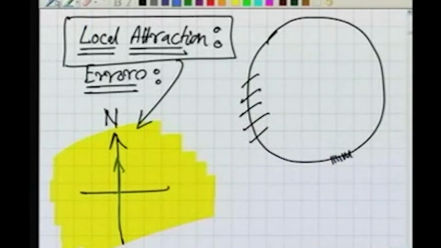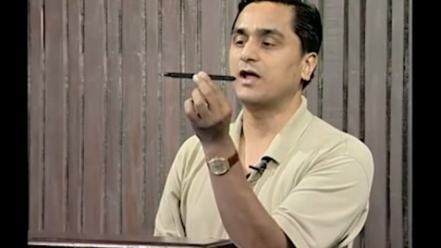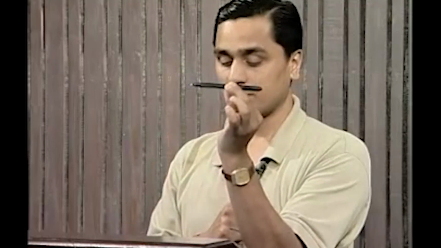So what we will end up with is our needle will not point in the north direction, rather it will point in some resultant direction. So this is now the direction. My needle will not hang in the north direction, rather it will hang in some other direction. It will achieve equilibrium in this direction because of the resulting forces.